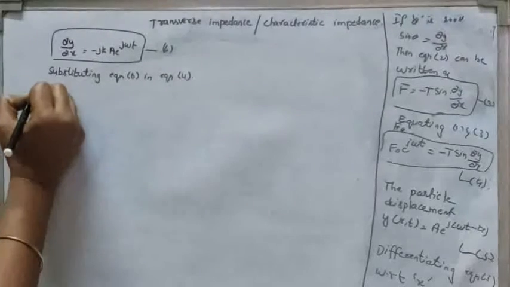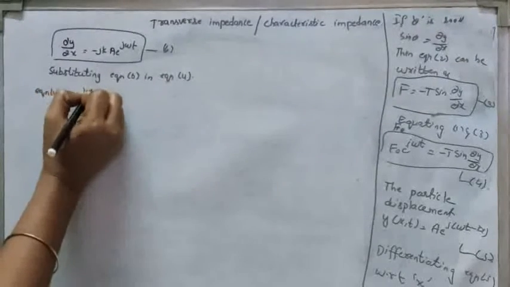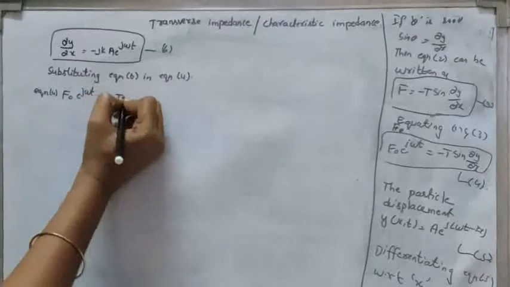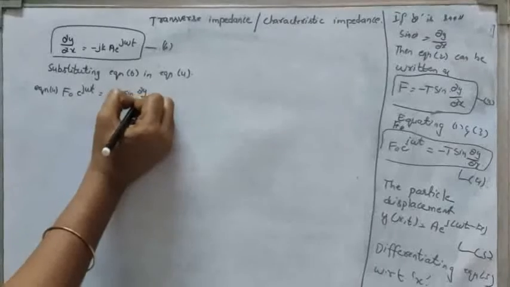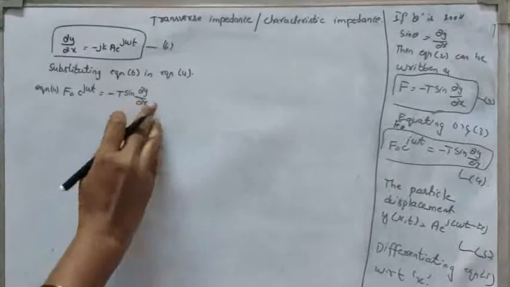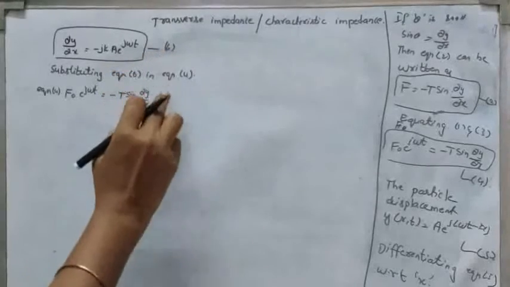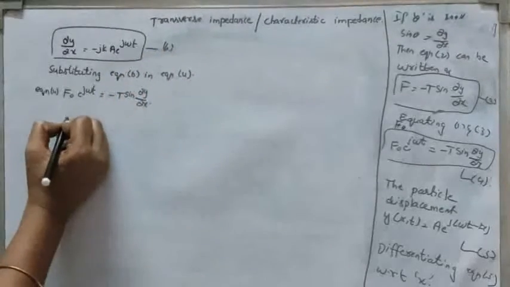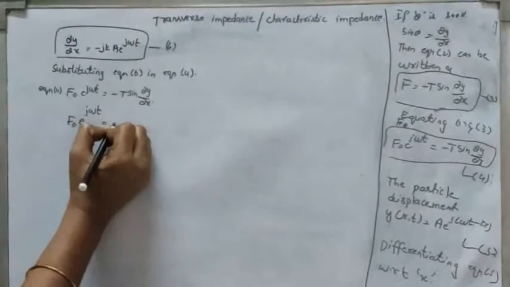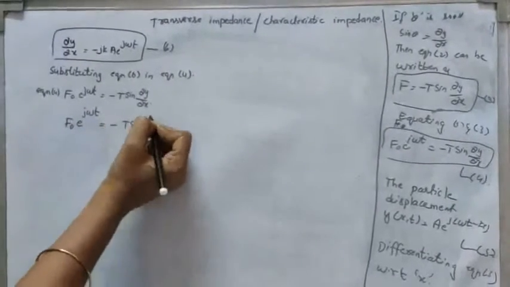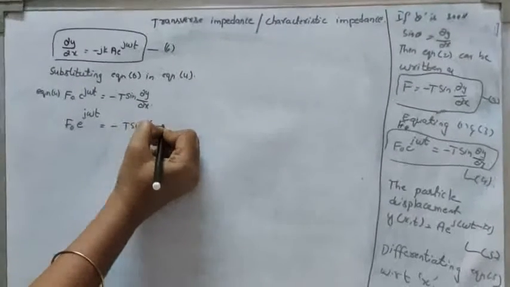F naught e power j omega t is equal to minus T sine theta, where we use ∂y/∂x. We know the value of ∂y/∂x from equation 6, so we are going to substitute equation 6 in 4. So what you will get? F naught e power j omega t is equal to minus T sine theta.